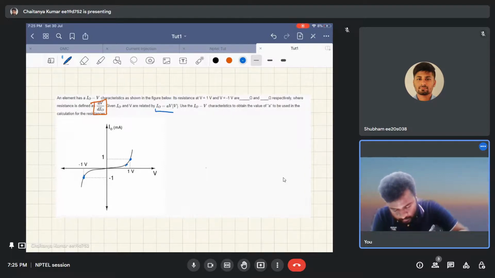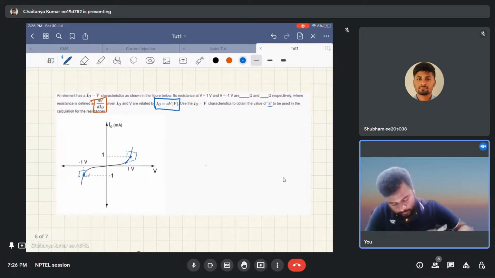The relation between V and I is given by I naught is equal to A times V mod of V, and you need to find A based on the two points given on this curve, and after that find the derivative dV by dI naught. So let's proceed with this.